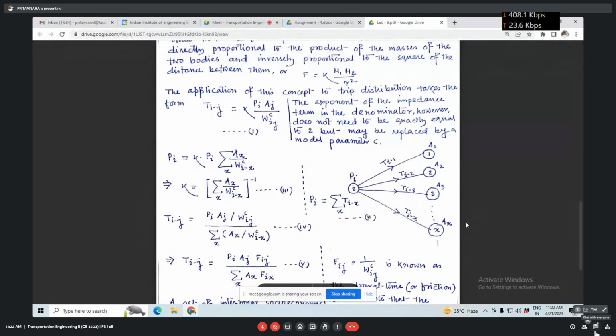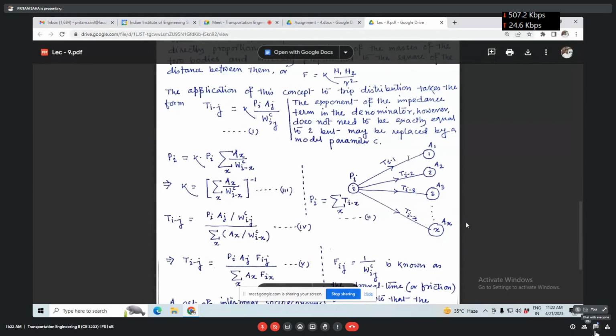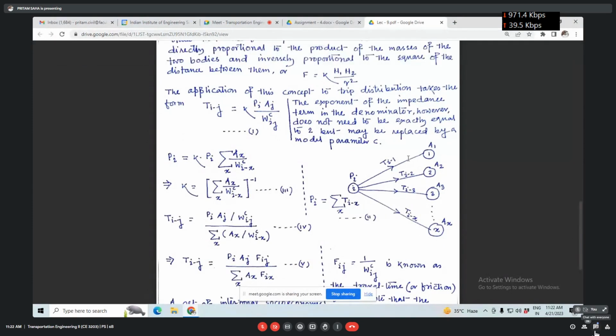Right? So now, based on their attractiveness, there will be some trip exchange, based on their attractiveness and also impedance. Based on their attractiveness and impedance, there will be some trip interchange. The trip interchange between zone I and zone 1 will be Ti1. Similarly, next one will be Ti2, Ti3, Tix.